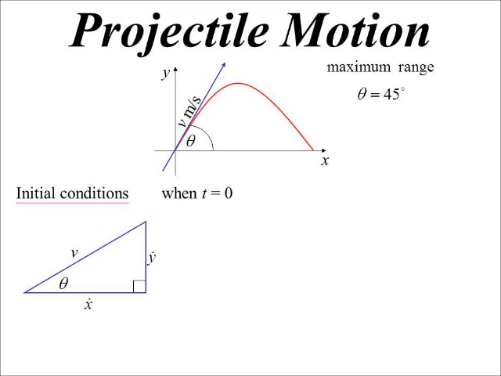So my initial horizontal velocity and my initial vertical velocity I could think of like sides in this triangle. And so just using simple trig, I can see that horizontally it'll be v cos theta, and vertically it'll be v sin theta. Now, you don't have to derive those each time. It is okay to quote that the initial horizontal velocity is v cos theta and the vertical is v sin theta.